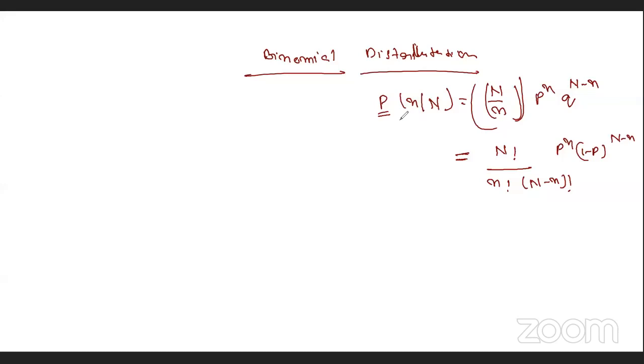Both events, success and failure, are independent of each other. In that case, you can apply a binomial distribution. Each event should be independent of the others. That's the first condition you must fulfill.